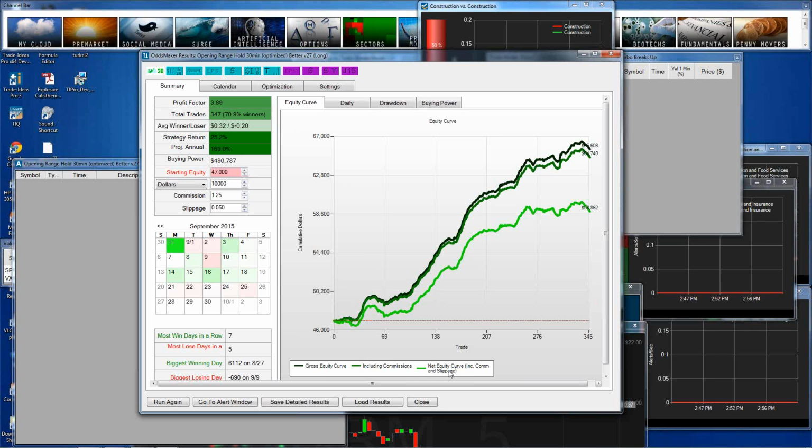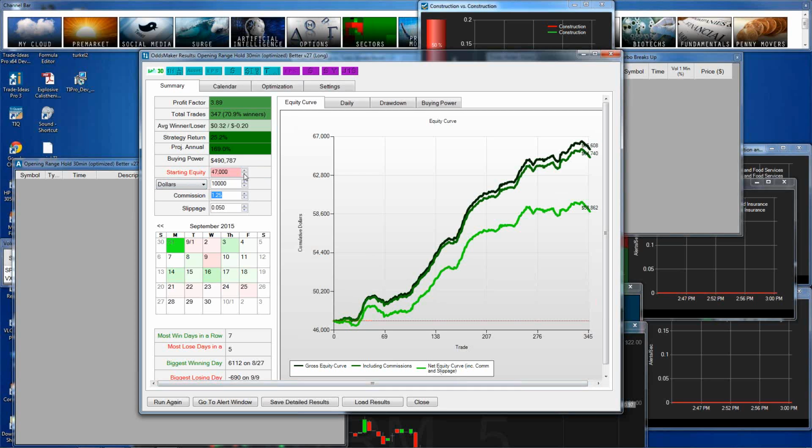Of course, I don't know many people out there that trade commission free and get the exact prices as their backtester does. So the fact that we allow you to build in slippage and your commission rate to generate this equity curve is huge, because this is the only equity curve that matters. Obviously we want as small of a gap here as we can get, inclusive of commissions and slippage.